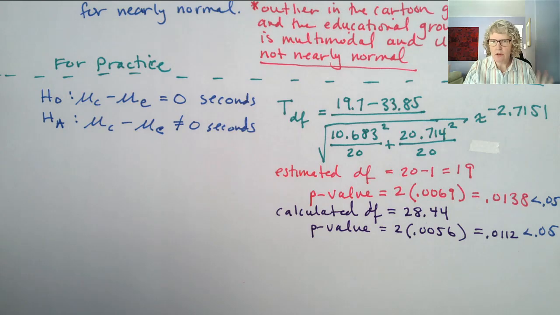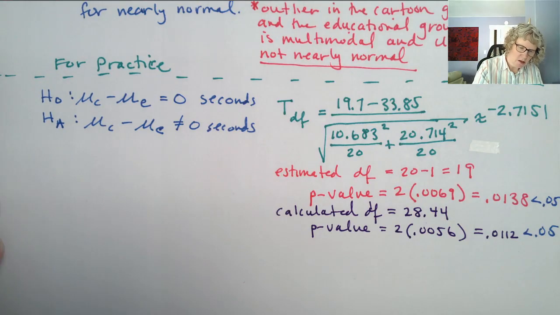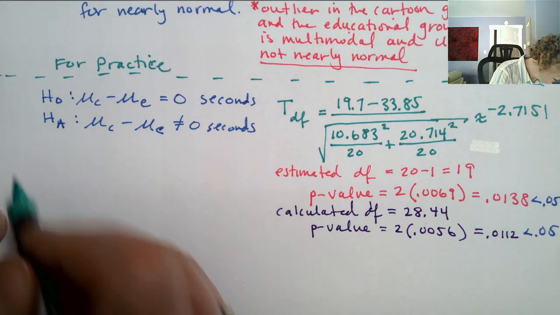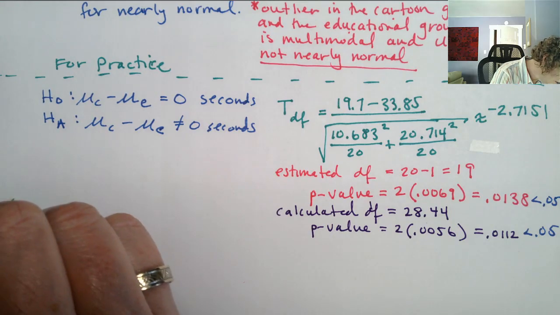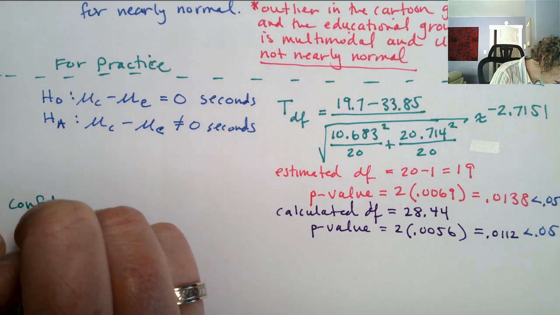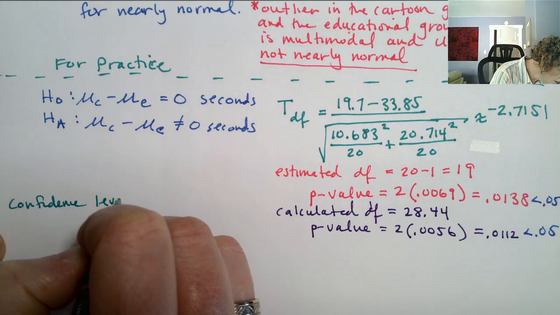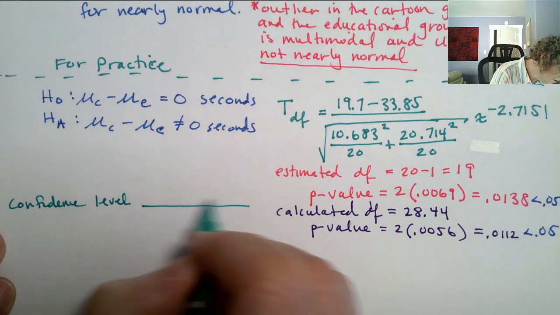I'll write out all the conclusion once we get done. I want to do the confidence interval first. And we got to remember, what confidence level are we going to choose? So I'm going to go back over on the left here. Confidence level for a two-tail.